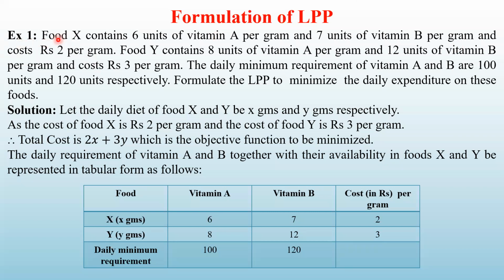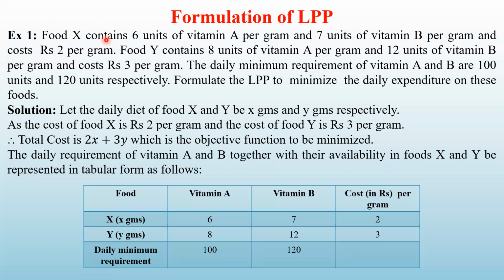So let us look at this question. There are two foods in this question, X and Y. Food X contains 6 units of vitamin A per gram, that is, 1 gram of food X has 6 units of vitamin A, and 7 units of vitamin B per gram.